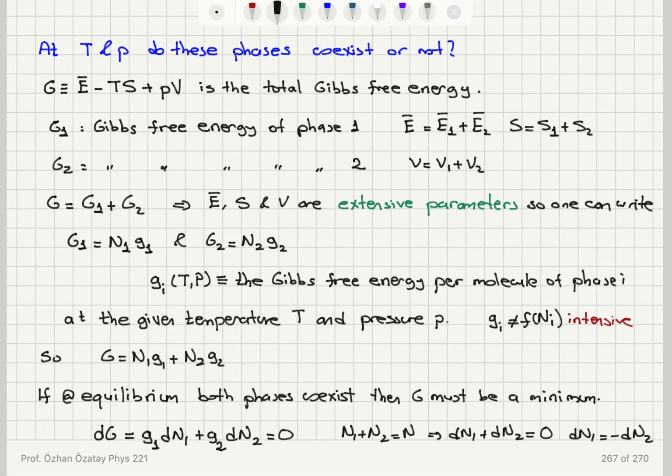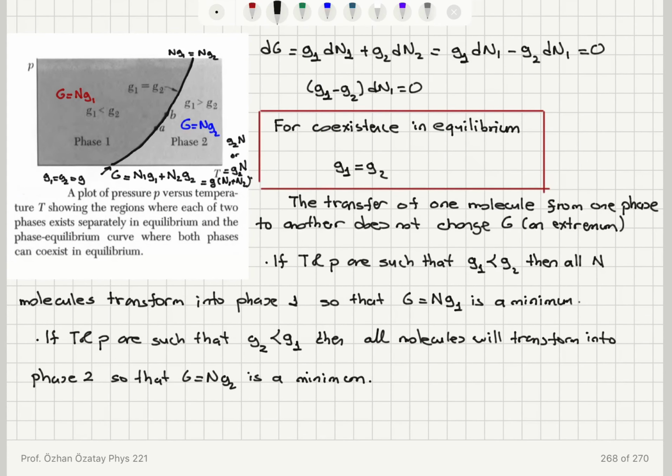And since we have dN1 plus dN2 equaling 0, dN1 is minus dN2, we see that the coexistence and equilibrium is possible if the Gibbs free energy per molecule for phase 1 and phase 2 are the same. So if you have this condition, the transfer of one molecule from one phase to another phase does not change the G, which is an extremum.